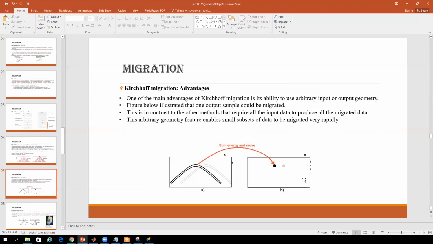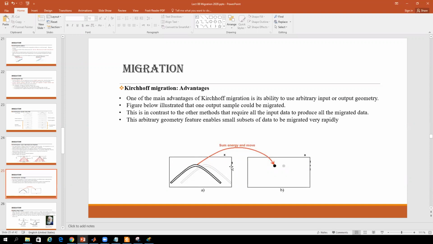An advantage of the Kirchhoff migration is that we can run it at any interval we want. We can define an interval or a window of interest, and we can run the migration only over that window. It's not like other migrations which require the entire data set in order to run, because we have mentioned that migration is a kind of multi-channel process, so it will require too much data.